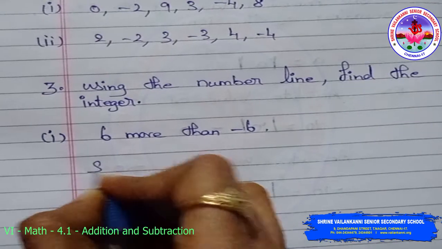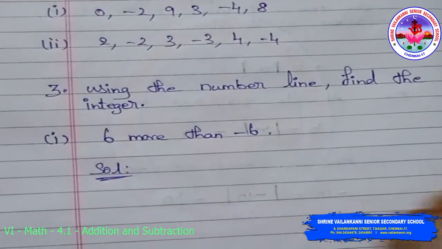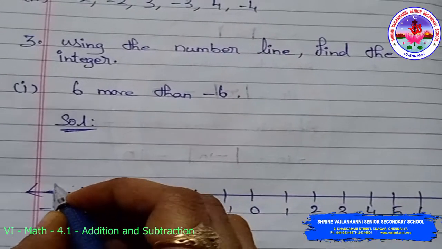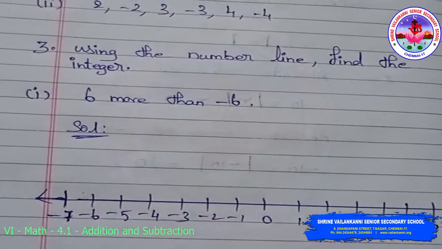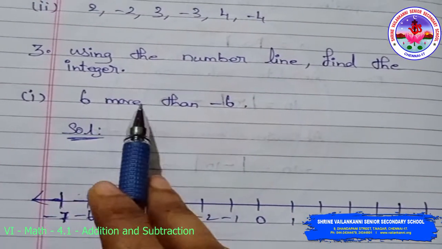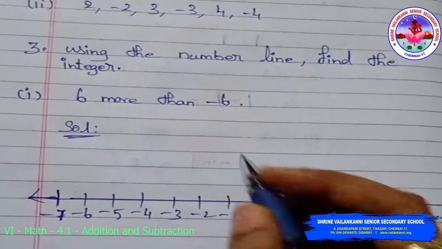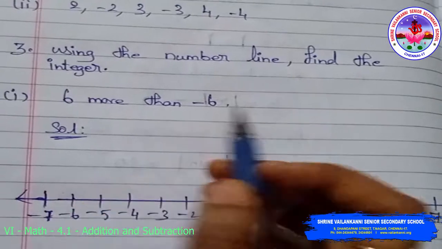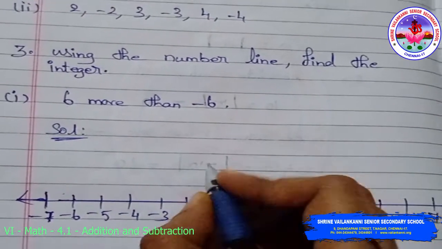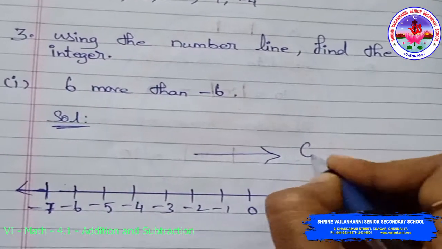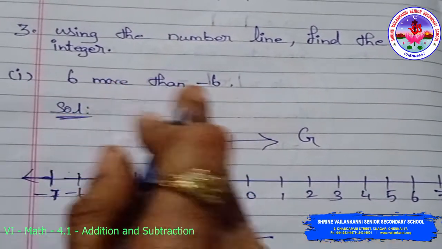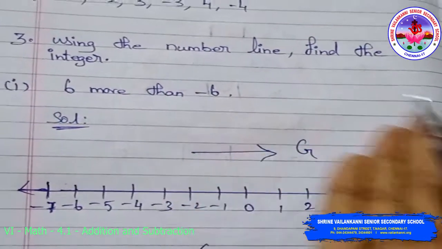Solution. First, draw the number line. The question is 6 more than negative 6. So you start at negative 6. More than means move to the right-hand side. Moving to the right-hand side is greater, left-hand side is smaller. So more than means greater value.